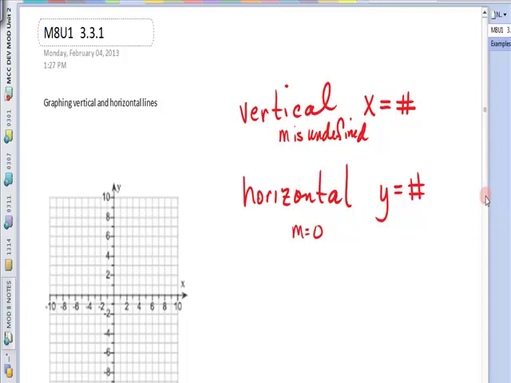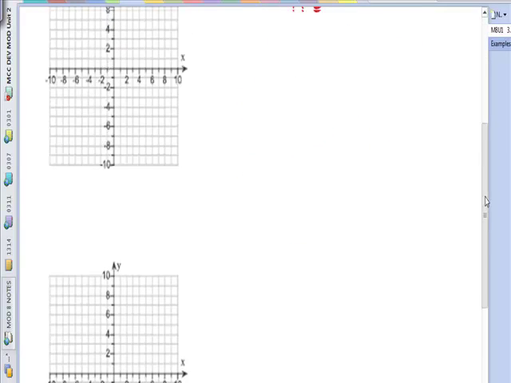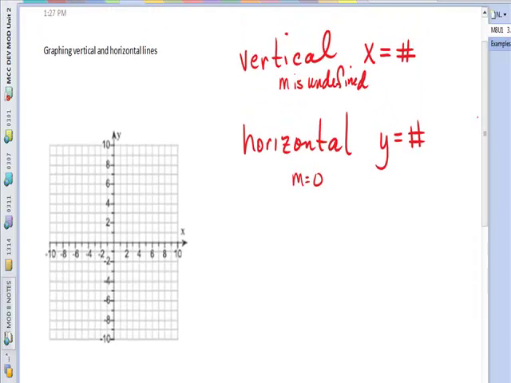All right, these are actually very easy to graph. Suppose I want to graph a vertical line of x equals 2. That means that all the points on the line have an x coordinate of 2. So the points (2, 0), (2, 1), (2, 2), (2, 3), (2, negative 4), all of those would be on it.